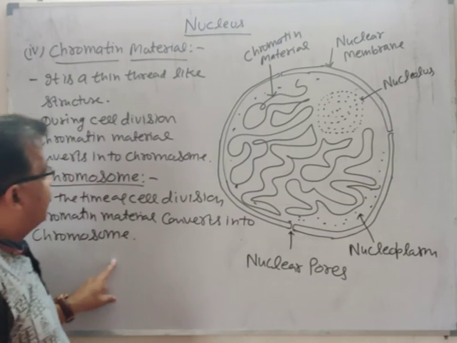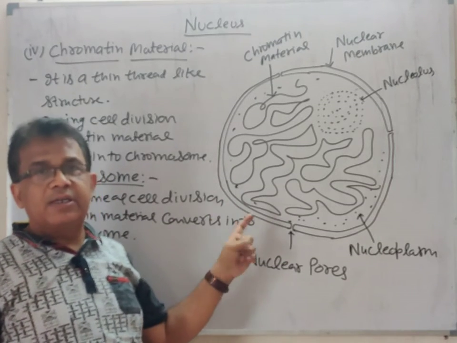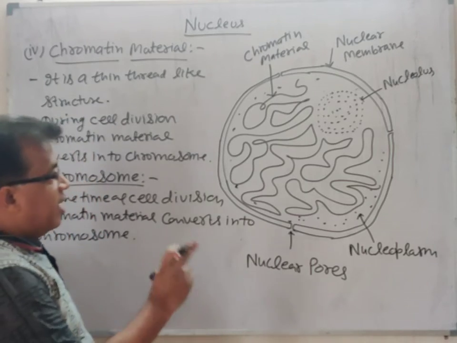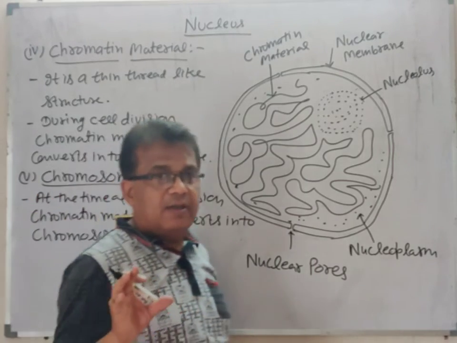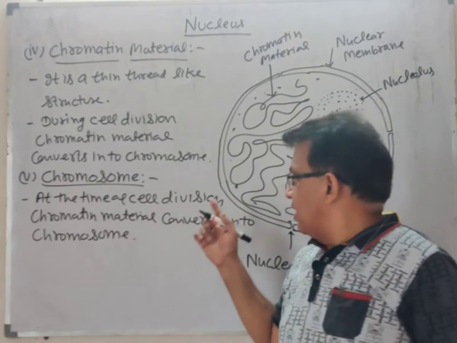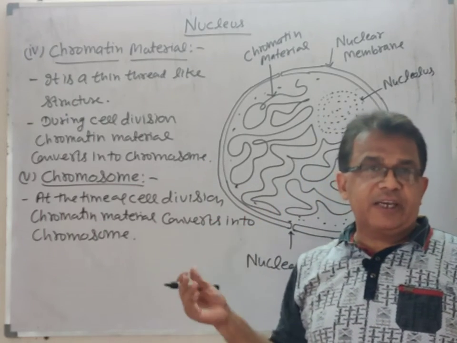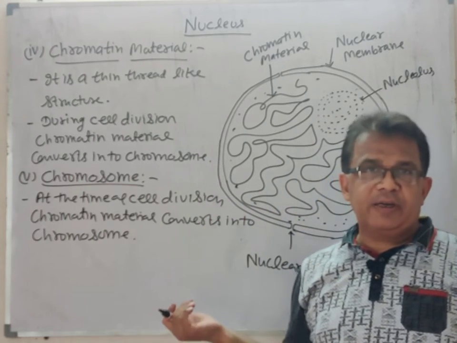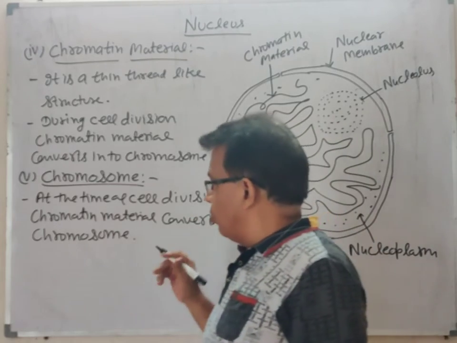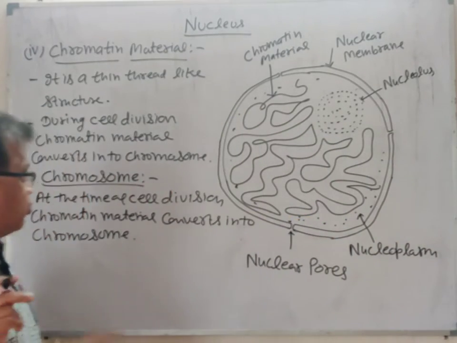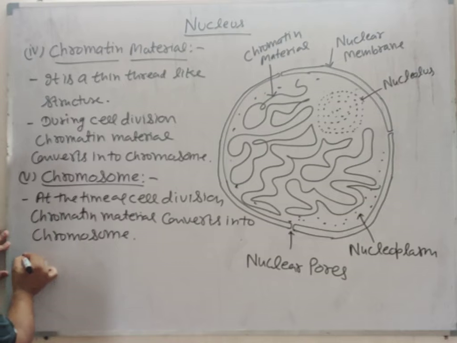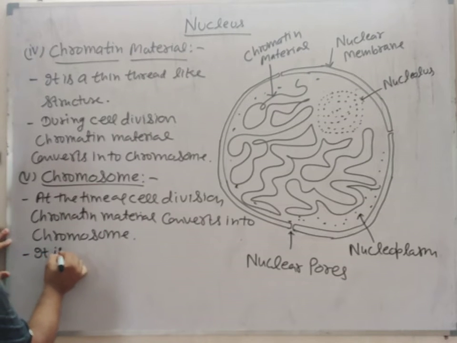So in the diagram we can show either chromatin material or chromosome, because at one time only one is present. If the cell is about to divide, then chromosome will be present. If the cell is not about to divide, then chromatin material will be present. Chromosome appears during cell division. It is rod-like structure.